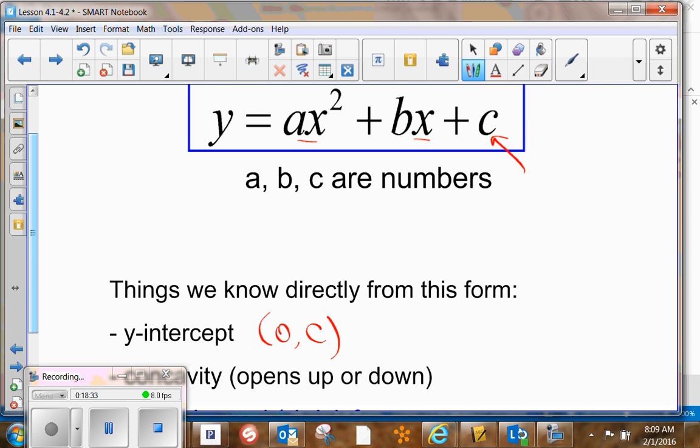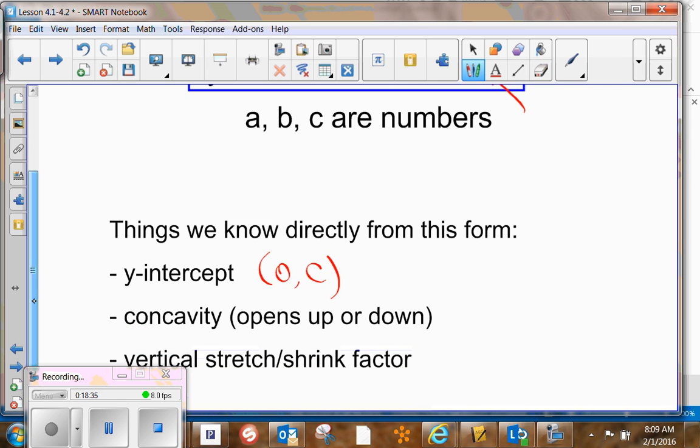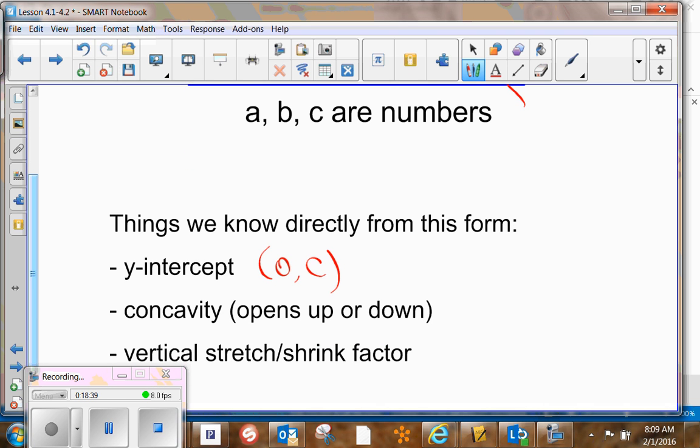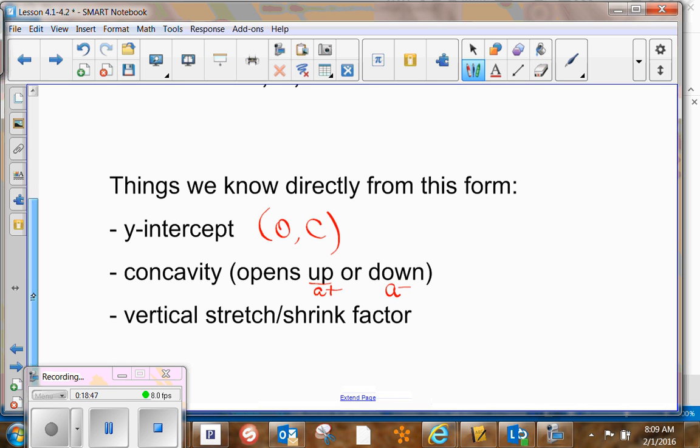Okay, and then of course our A will tell us if it opens up or down. Your parabola opens up if your A is positive, down if your A is negative. Okay, so now we're back to the vertical stretch and shrink again. So we're talking about A here. If it's greater than 1, what's it going to do?